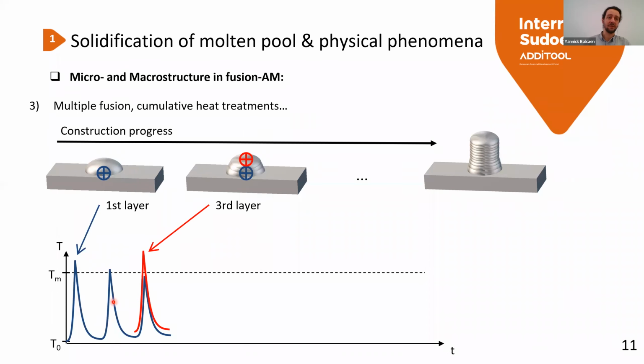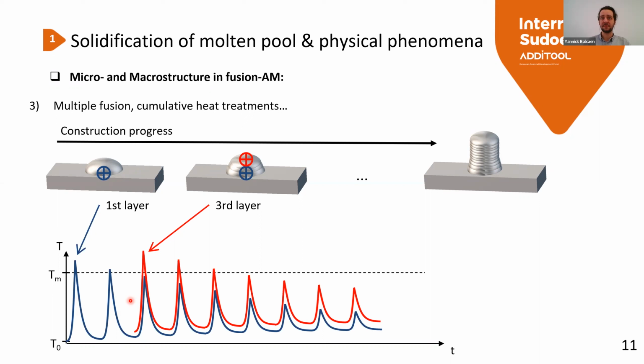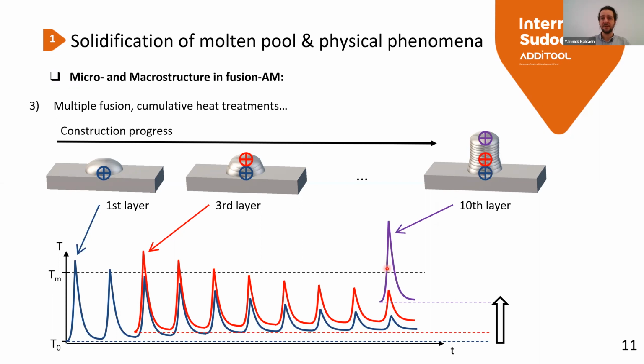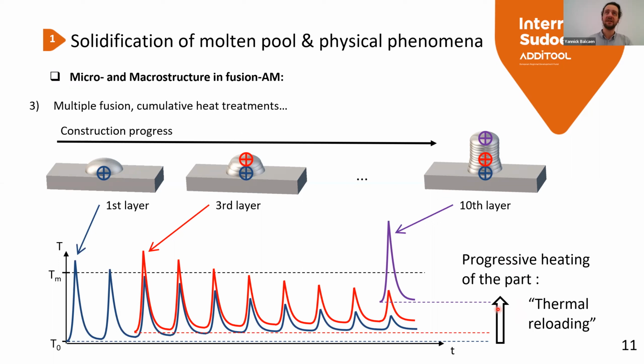Sometimes it's only remelting, sometimes it's remelting and heat treatment. And then you go to the 10th layer, which also produces heat treatments in the first layer. But you also have to note that the whole part is getting hot. We have a progressive heating of the part, and it's named thermal reloading. So we have a very complex solidification microstructure, but this microstructure is also modified by cumulative heat treatments.